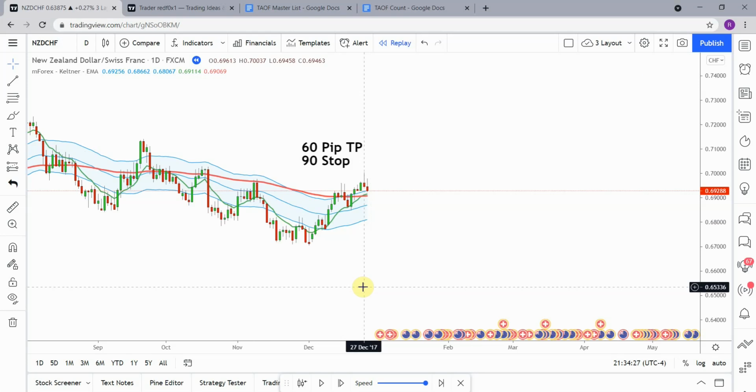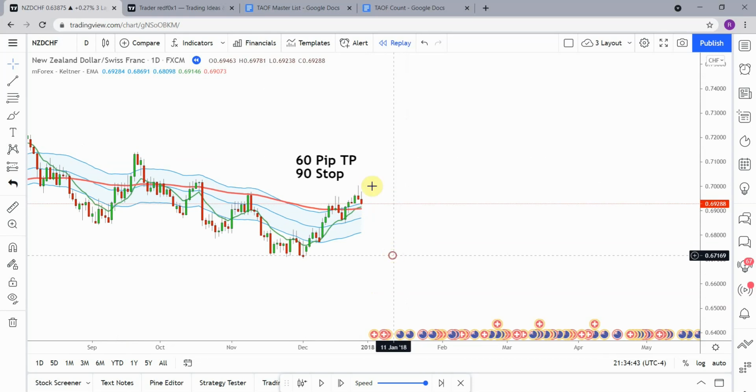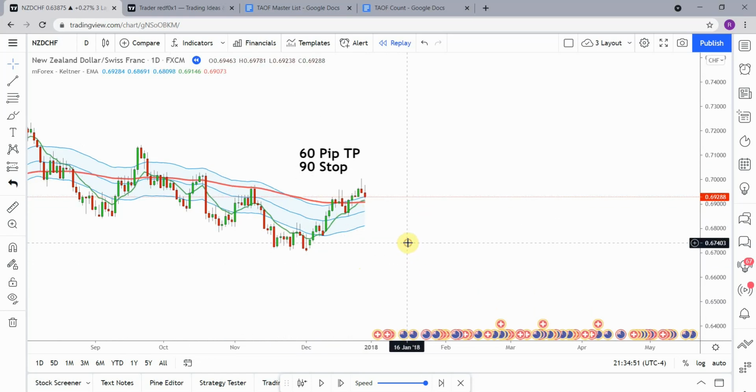Alright, today's indicator is the mForex Keltner EMA indicator, and you can see it here on screen. Seems to be a few things happening with this, but the setup on this is actually really simple. We're going to ignore the big red line running through the center. What we're going to pay attention to is the blue channel and the green red line running through price action.